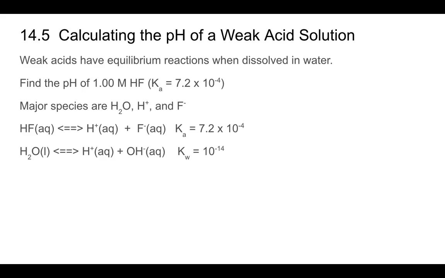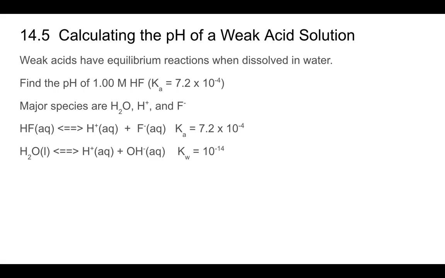So looking at our two K values, the H plus from the HF comes from a Ka value of 7.2 times 10 to the minus 4. The H plus from water comes from a K that's only 10 to the minus 14.